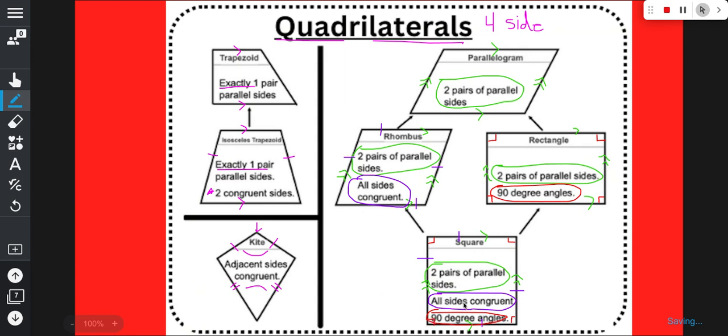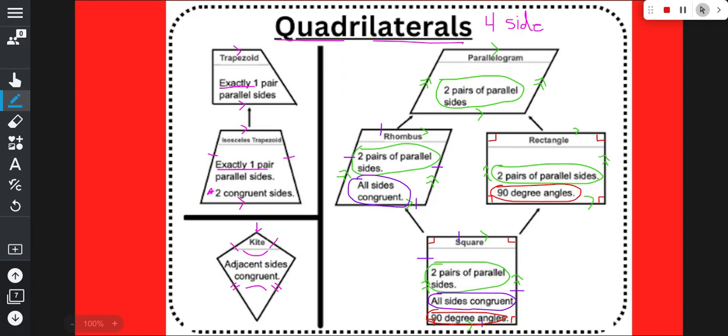And so a square can be called a rectangle because notice it has both of the definitions in it. But a rectangle cannot be a square because a rectangle does not have all sides congruent. So the things on the bottom can be called all the things above it, but the things above it cannot be called the things below it.